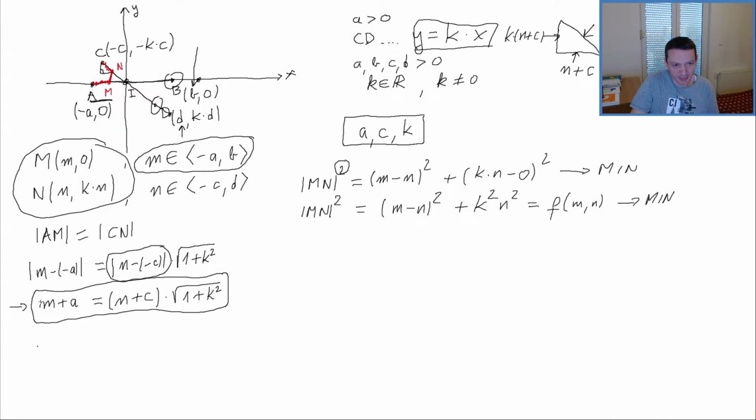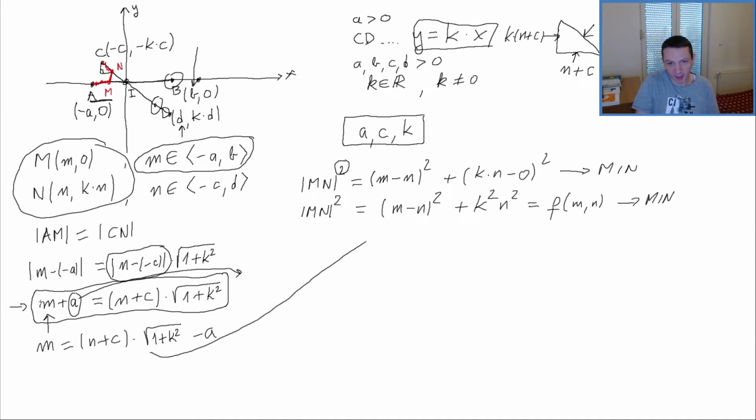So we shall express m from this constraint here. Simply we shall put a to the other side. M is n plus c times square root of 1 plus k squared minus a, and then we shall substitute this instead of m here.